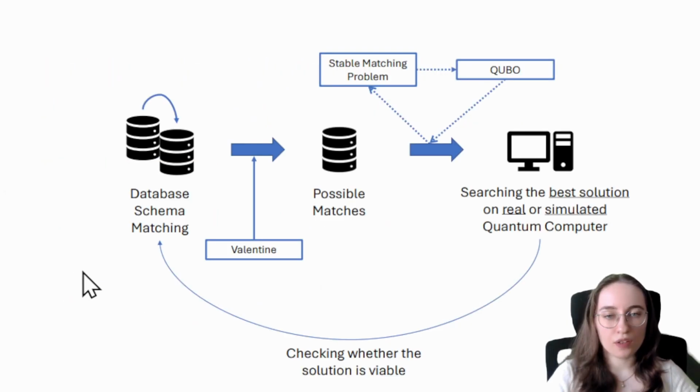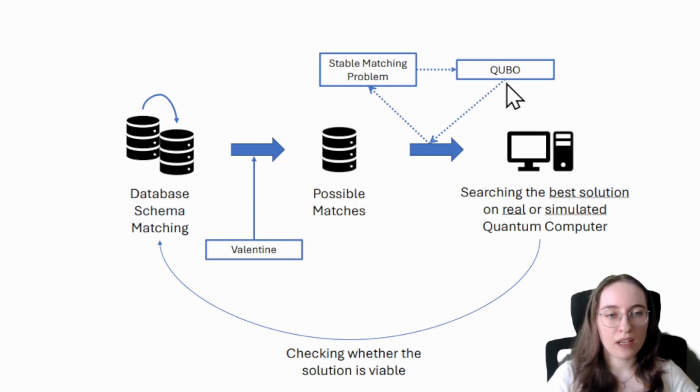So you can see our general workflow here. We start with two inputted database schemas that we want to match. We do that via Valentine, where we will get some possible matches back. Afterwards, we try to convert these possible matches into quantum suitable input. We do that with the stable matching problem, also known as the stable marriage problem, and QUBO.